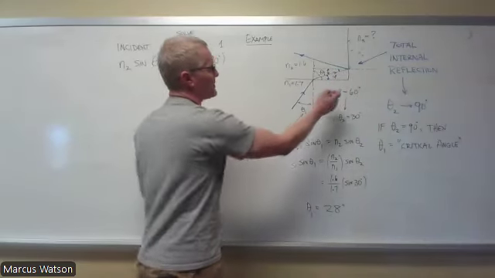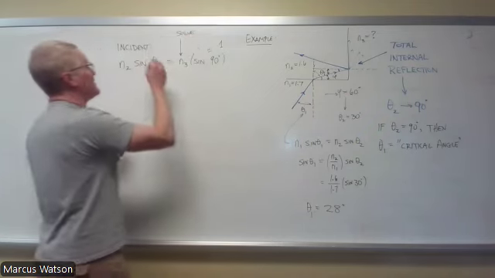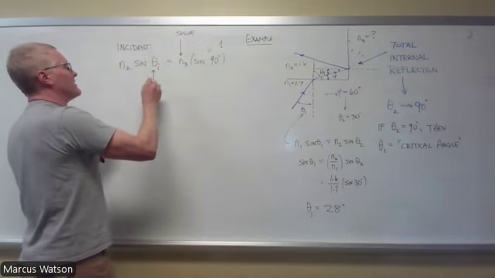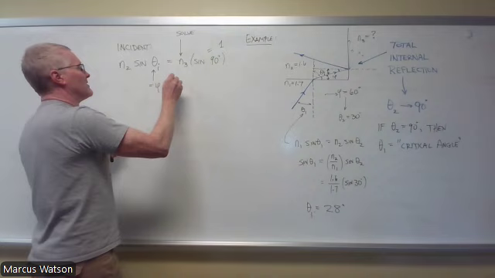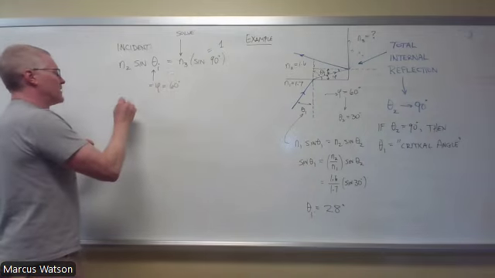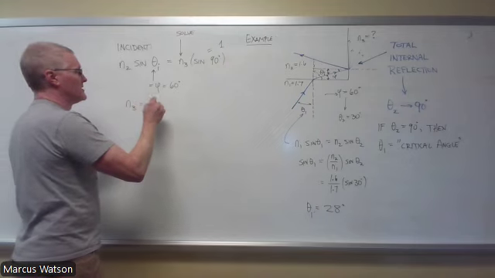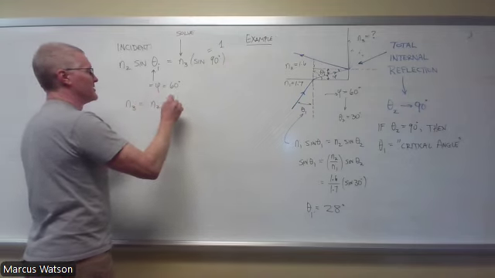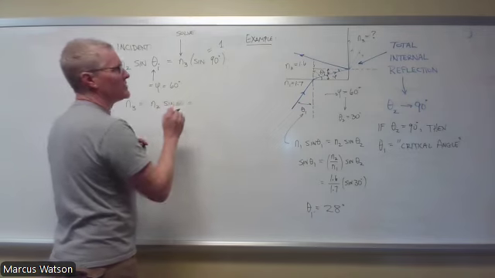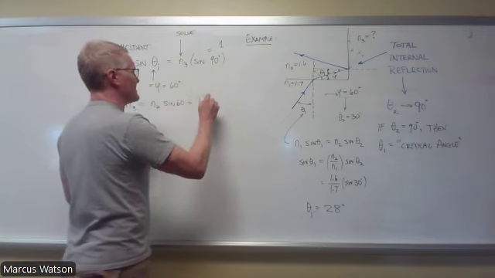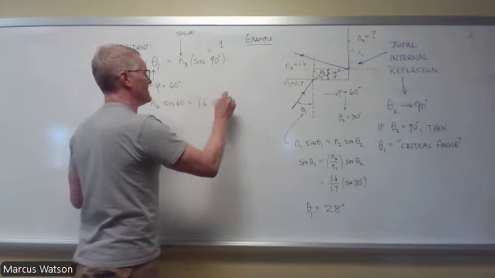So theta I is equal to phi, and that's 60 degrees. Therefore, N3 is going to be N2 times the sine of 60 degrees, and that's N2, which is 1.6, times the sine of 60 degrees.